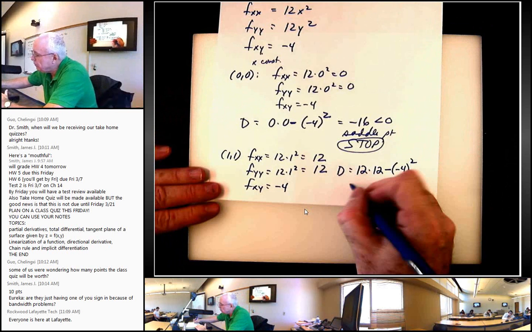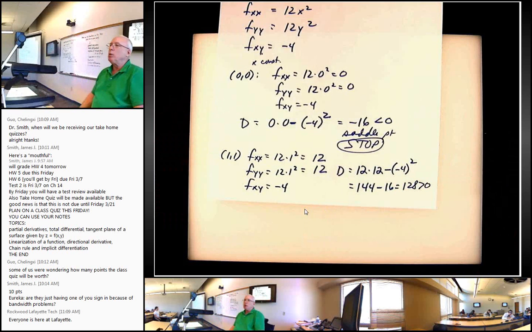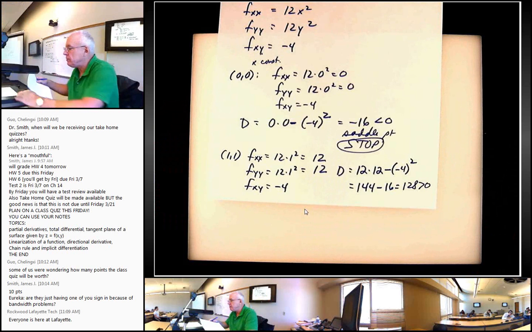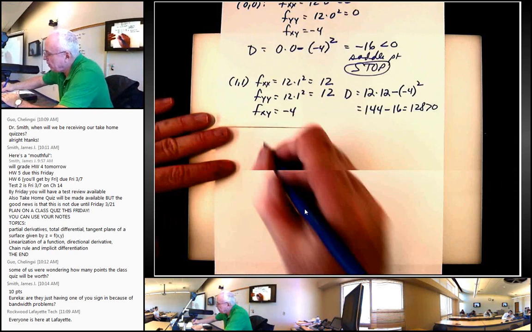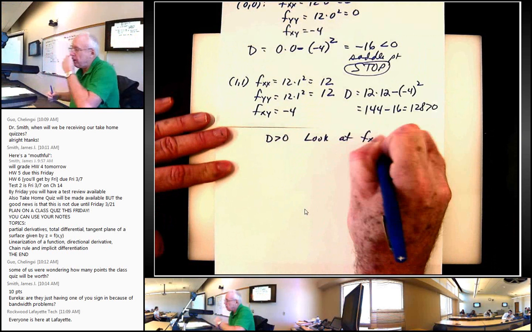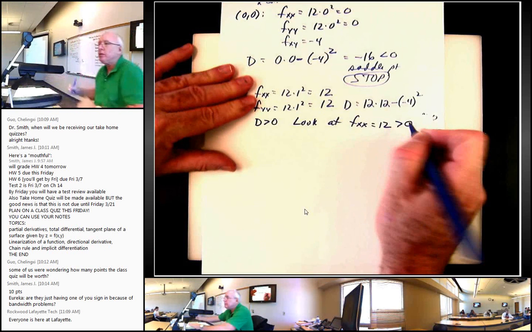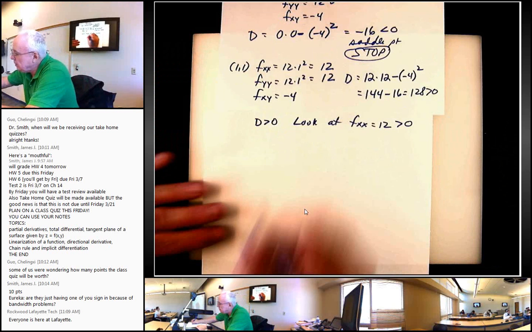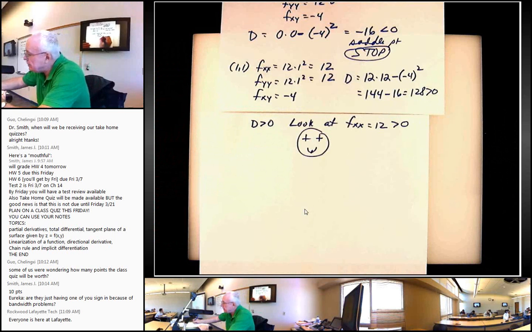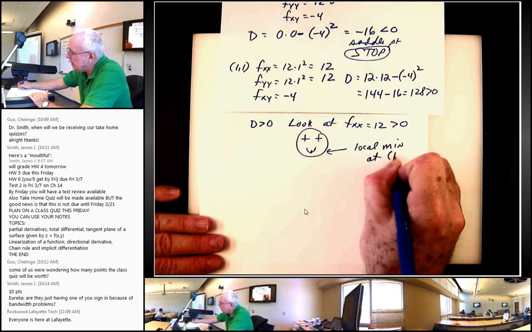So that's 144 minus 16, and I think that's 128. But all we really have to be worried about is whether it's bigger than 0 or not. So if D is bigger than 0, we need to look at fxx. All right. In this case, our fxx is equal to 12. That's bigger than 0. It's positive, so I like to draw my positive face there, and that tells me we have a local min at 1, 1.